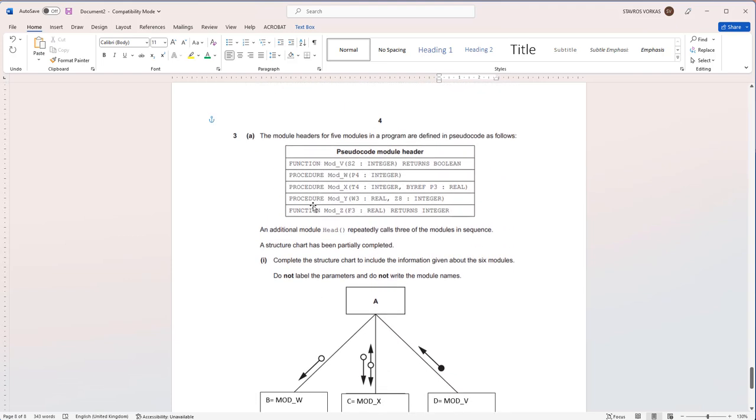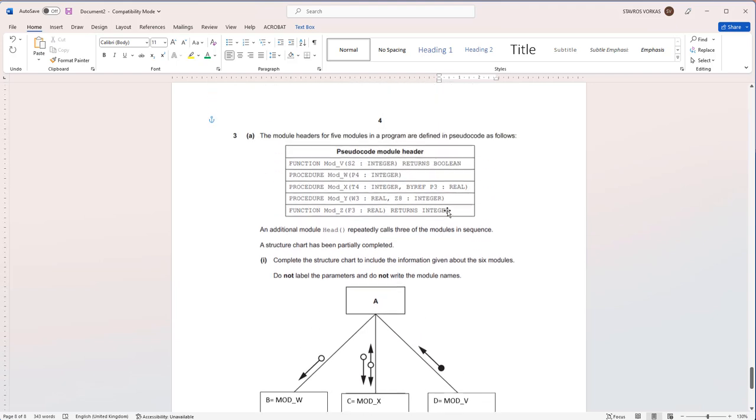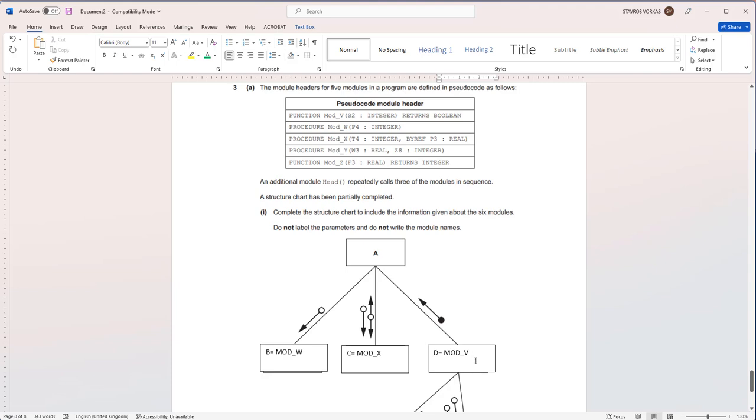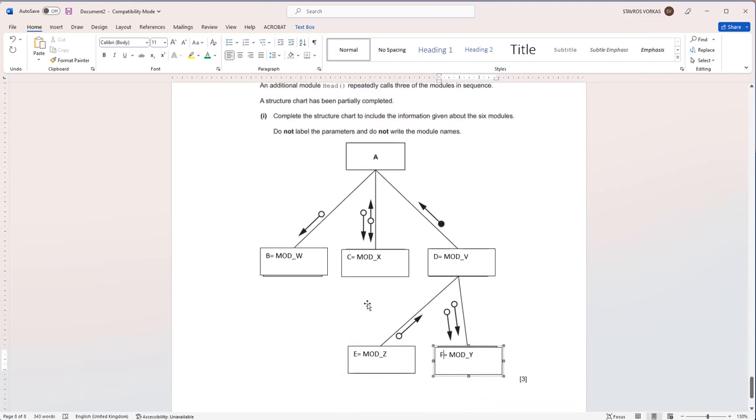How did we determine which of the two is which of these modules? Well, that's quite easy because they gave us a Boolean value here. So we knew immediately that this function would be this module right here. Whereas the other one, they didn't mention if it was a Boolean value. They said it was an integer value, but it was the only other function in the structure chart that had an arrow pointing upwards, meaning returning a value.